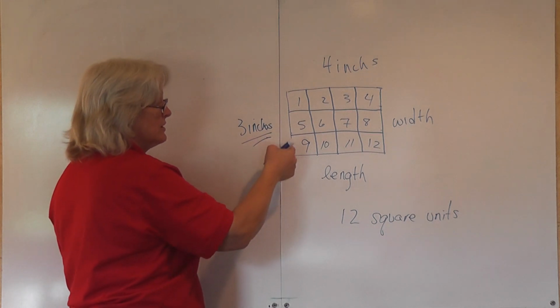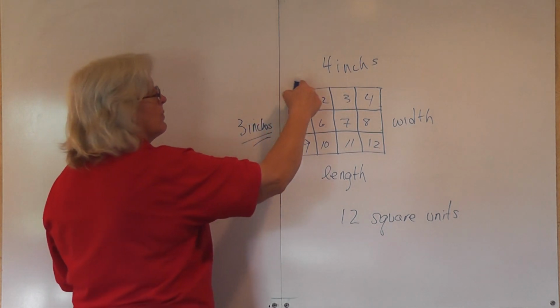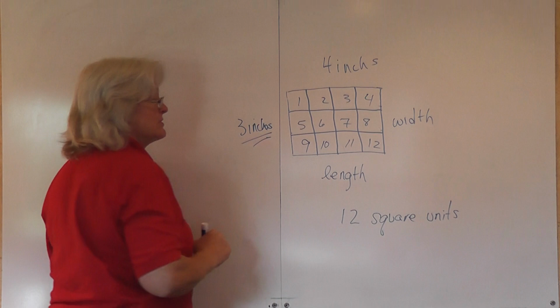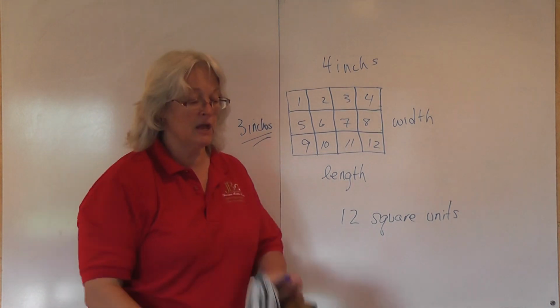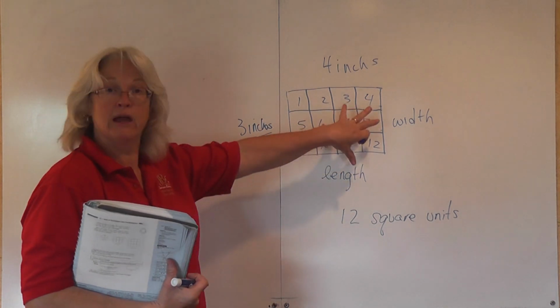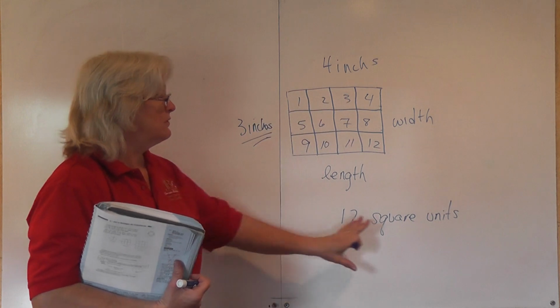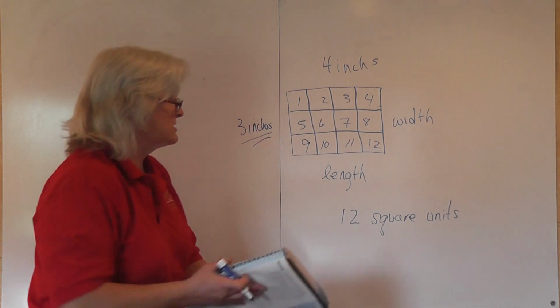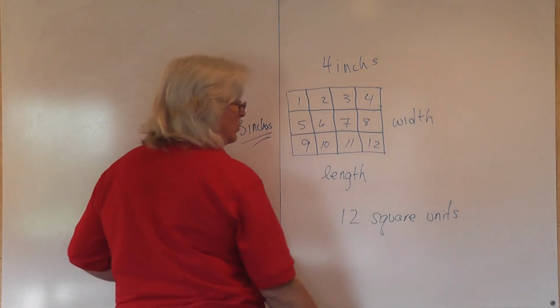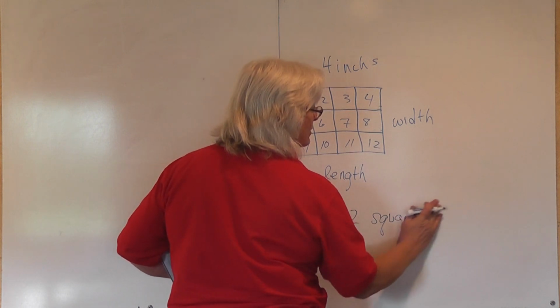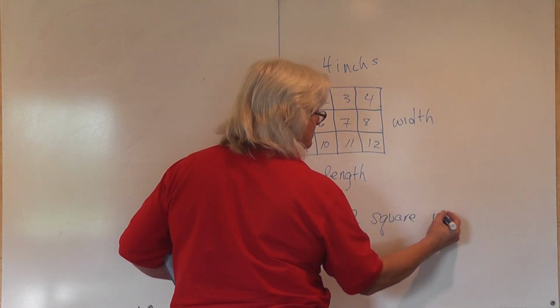So I have 3 units. 1 inch, 2 inch, 3 inch, 4 units. So instead of saying that the area of this rectangle would be 12 square units, we would say that it is actually 12 square inches.